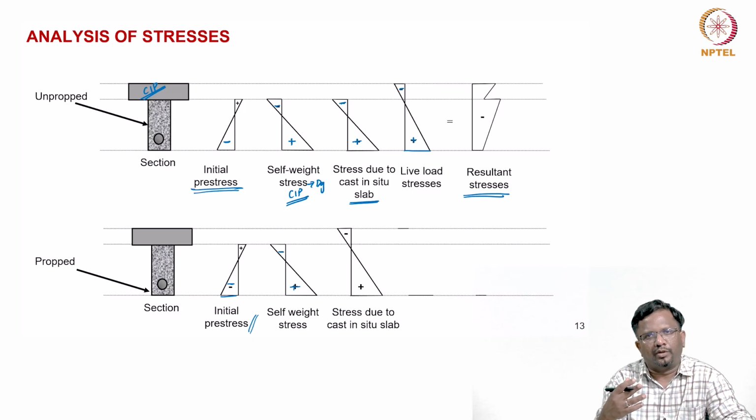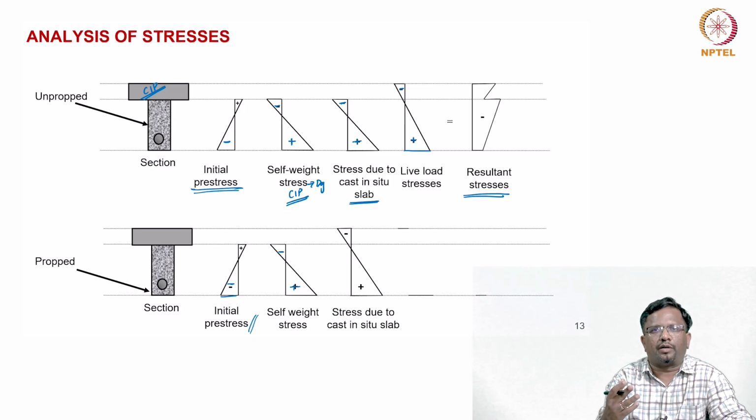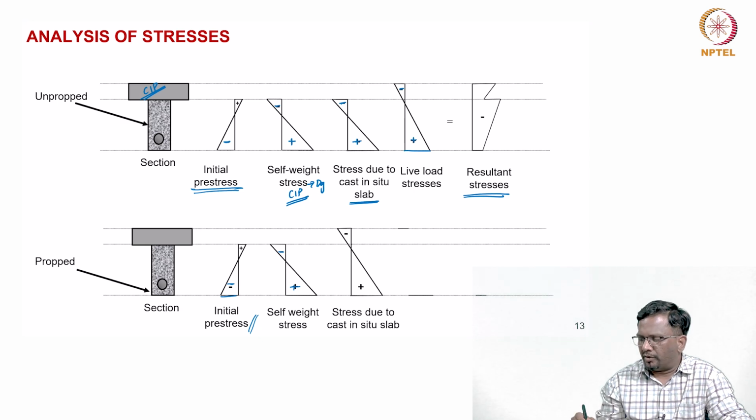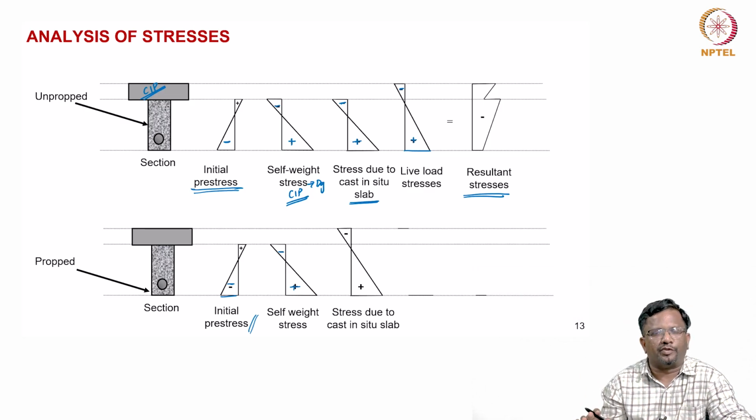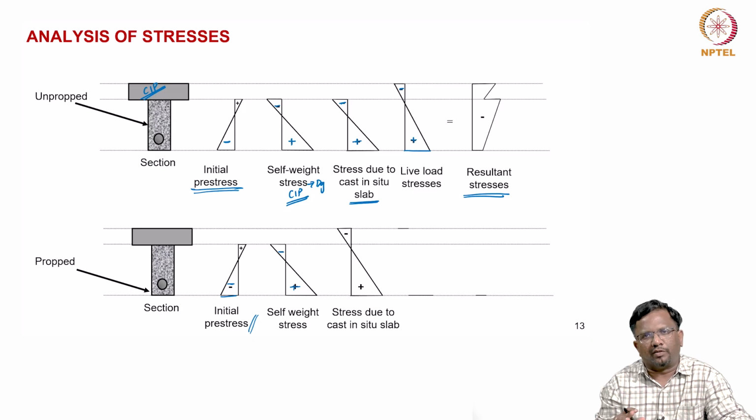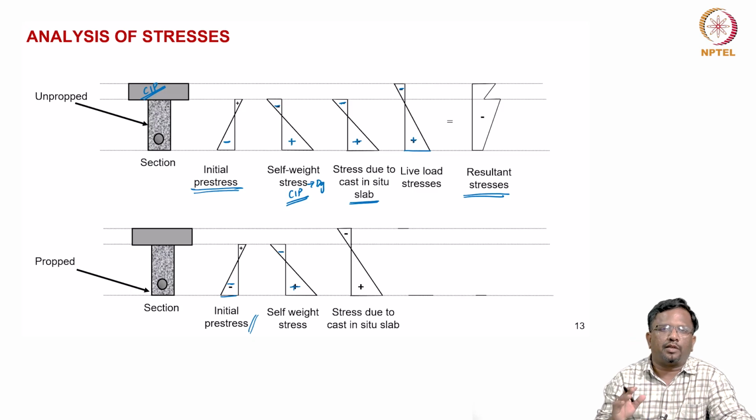So, we are going to have a better composite action at an earlier age. So, for the cast in place slab weight, we are assuming that there is not going to be much relative slip if I provide a large number of props. So, the entire composite section will take the weight of the slab as a composite section.